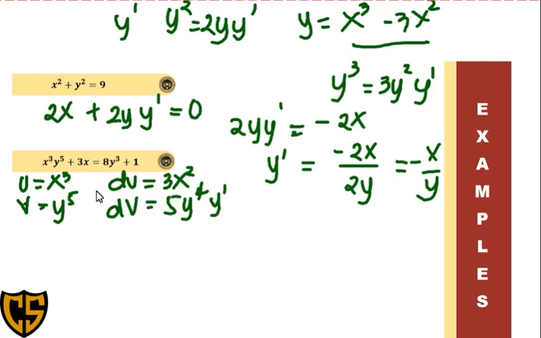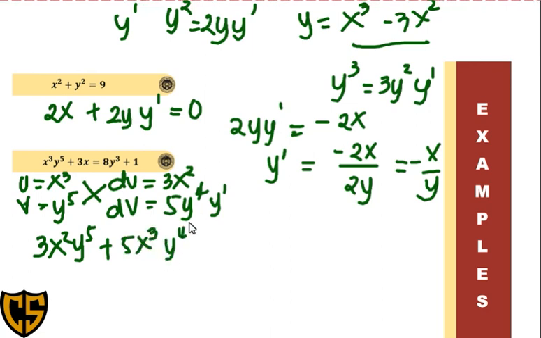So, we are going to cross multiply lang for the first pa lang nga term. So, we will have v du, so that will be 3x squared y to the 5th, plus u dv which is 5x cubed y to the 4th, then we have y prime.